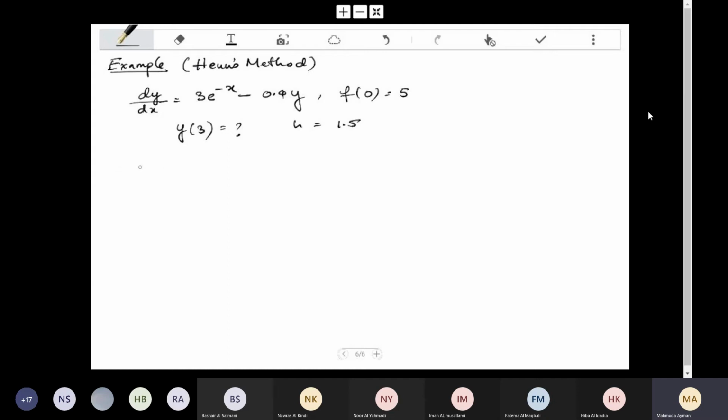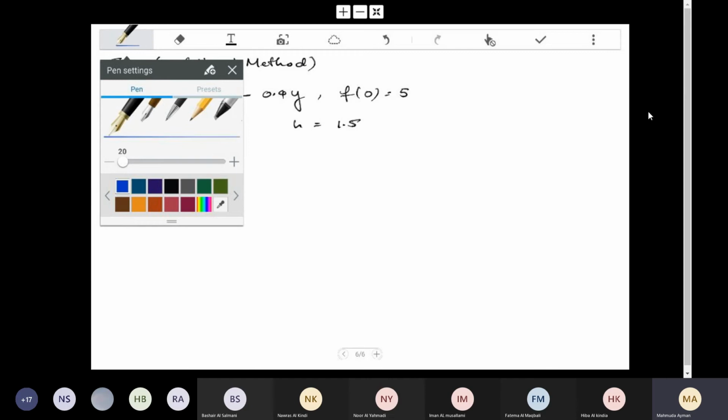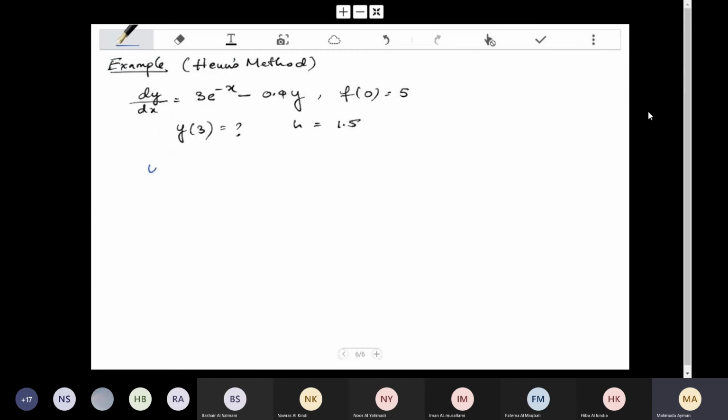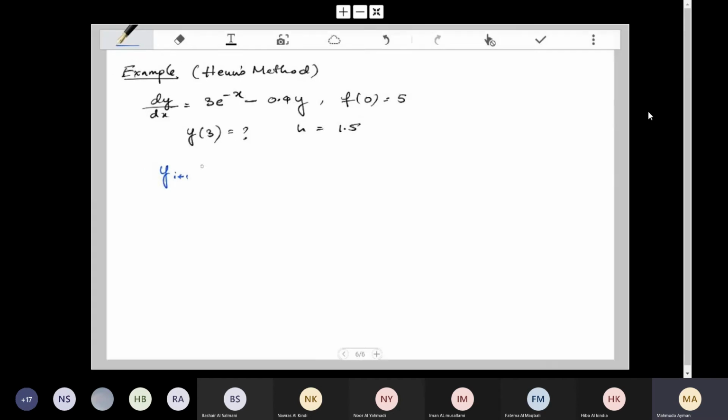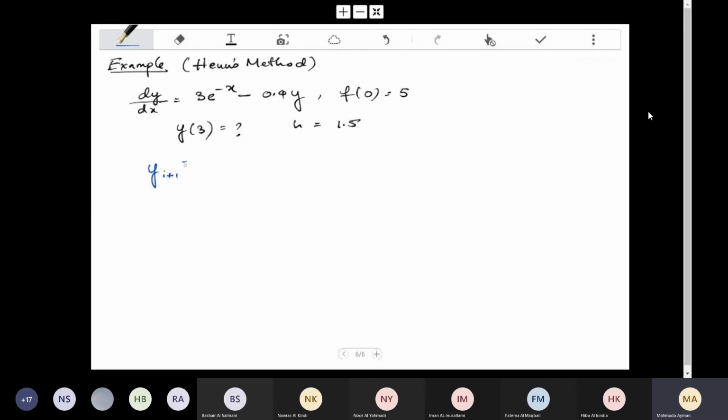So the formula for the Heun's method is yi plus 1 is equal to yi plus half times k1 plus half times k2, times h.